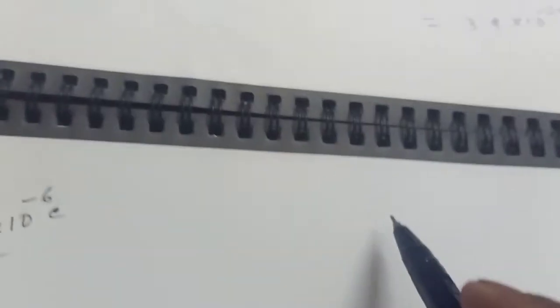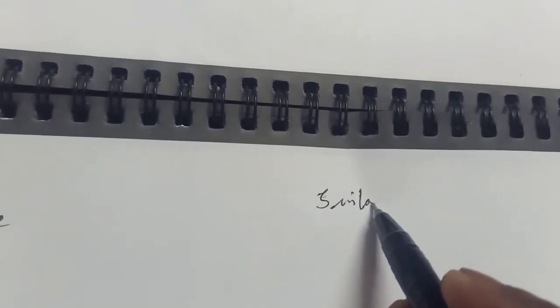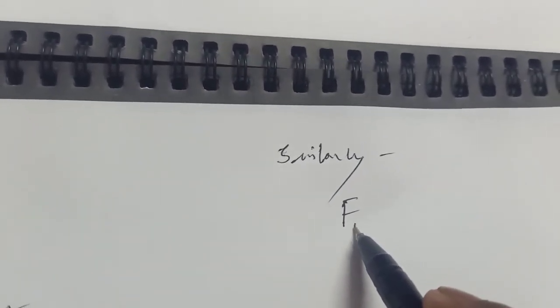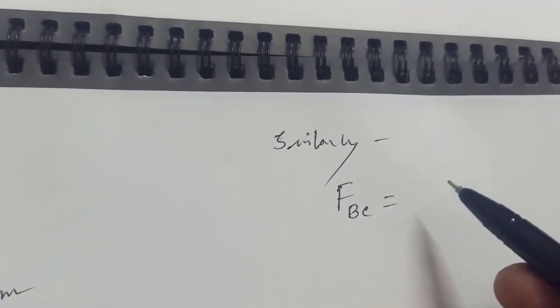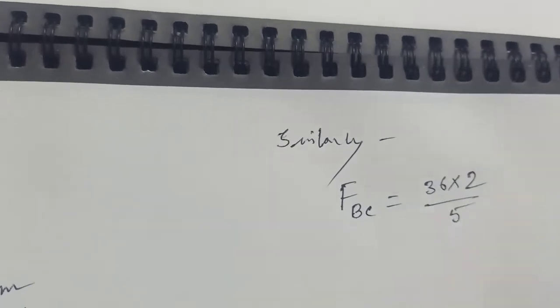Similarly, if we calculate F_BC, this is equal to 36 into 2 by 5. Why?